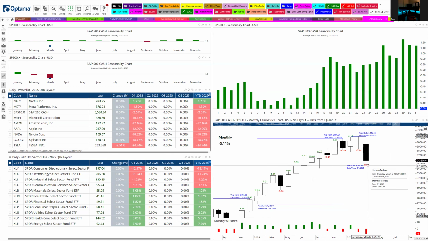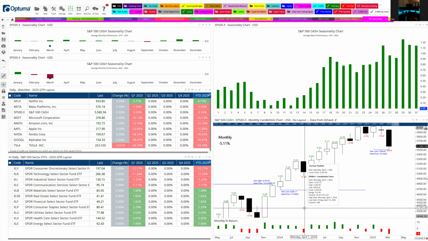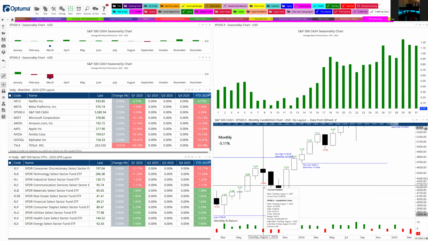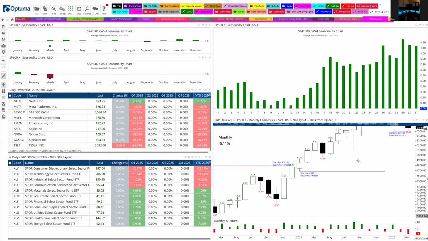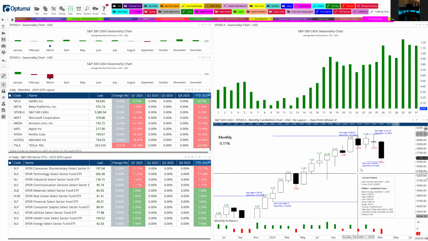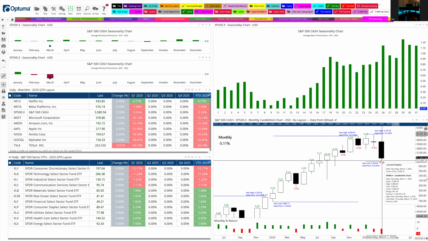If you look at 8.4, that was 5.4, 3, 5.9, 6.6, 5.4, 6. See, we haven't had any bigger range monthly candle until this month, until March.